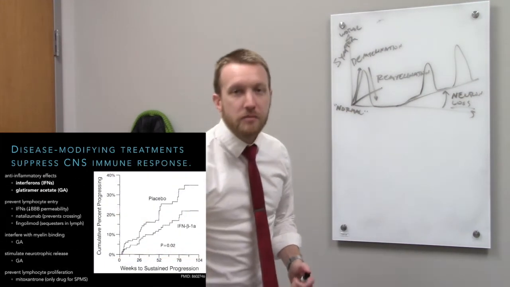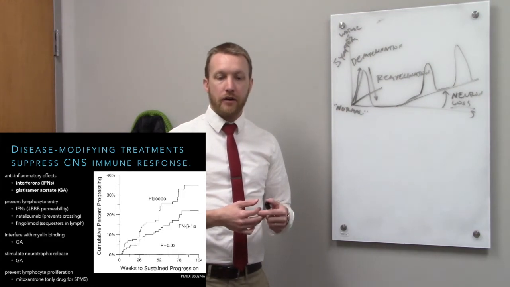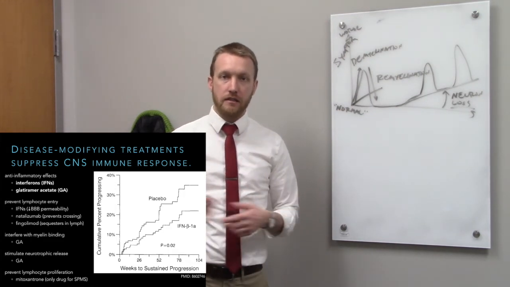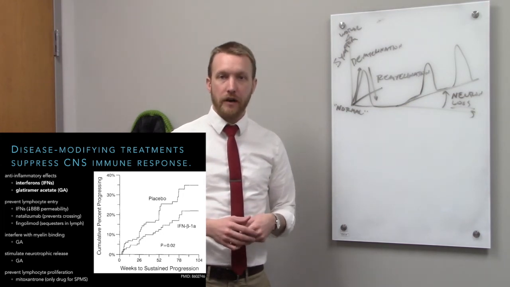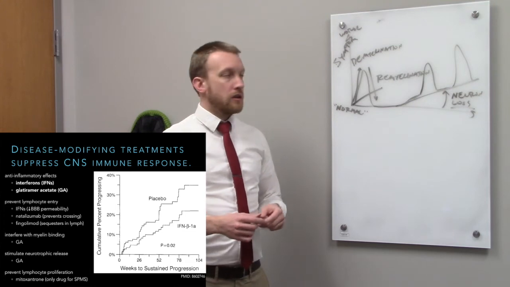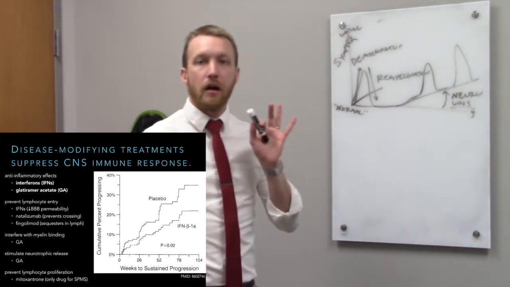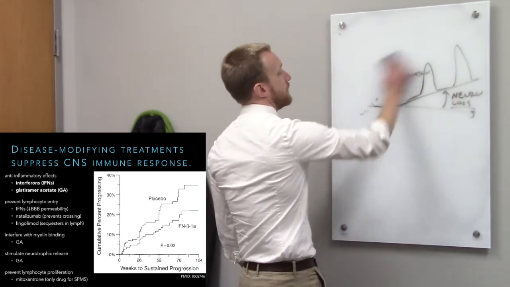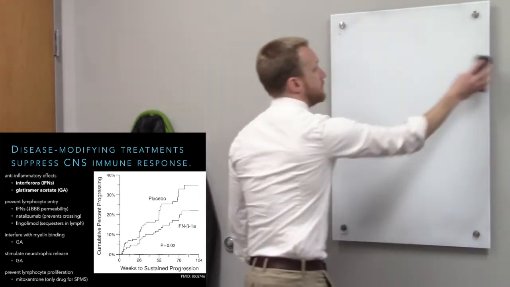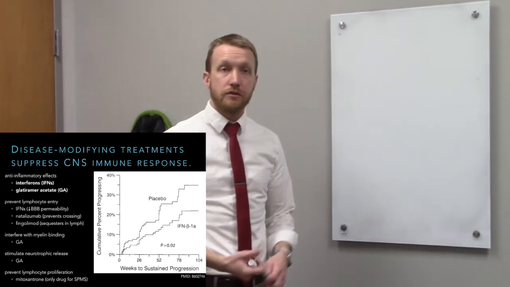Now, as far as treatments go, we have a couple of options. There's a couple of first-line treatments that are going to have less severe side effects than second-line treatments. We can actually modify the course of the disease with these treatments. They all have the same underlying mechanism in common, and that is to prevent the immune-driven loss of oligodendrocytes. And there's a few ways of doing that.